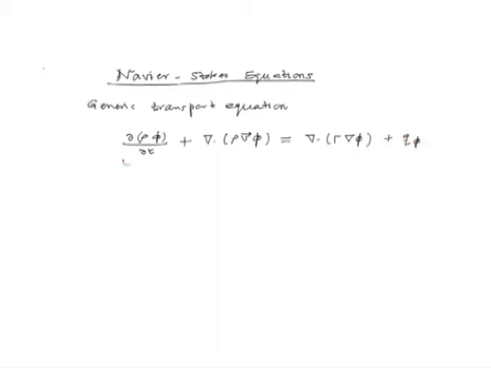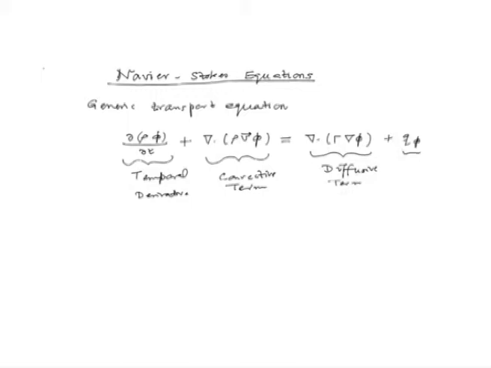So, the first term, this was our temporal derivative, this is what we call the convective term, this was our diffusive term, and the last one was our source term. Now, let us have a look at continuity equation.